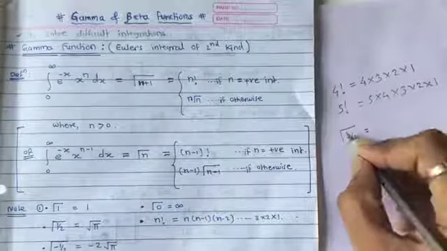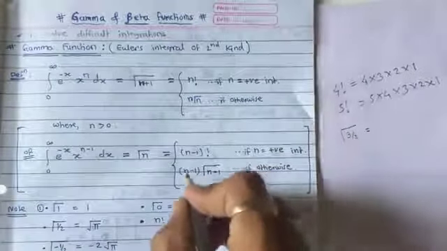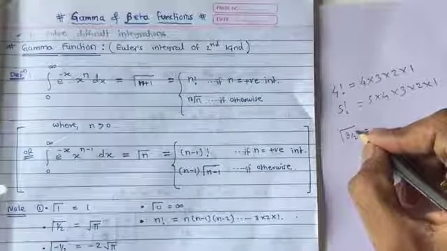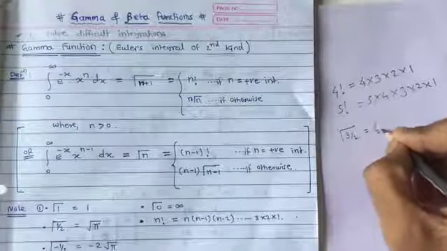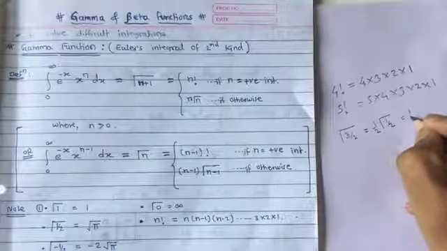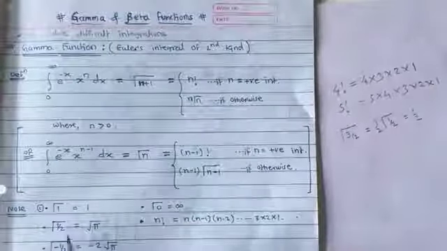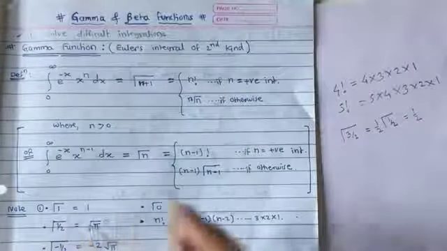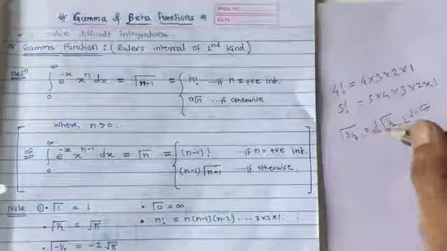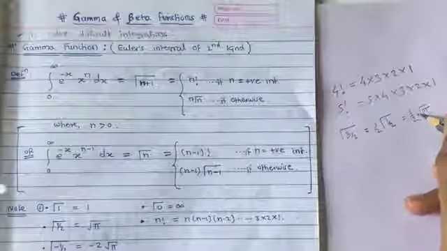Here 3 by 2, so n minus 1 is 3 by 2 minus 1, that is 1 by 2, so 1 by 2 gamma of 1 by 2. That is equal to 1 by 2 as it is, then gamma of 1 by 2 is nothing but root pi, so into root pi. So gamma of 3 by 2 is equal to 1 upon 2 into root pi.